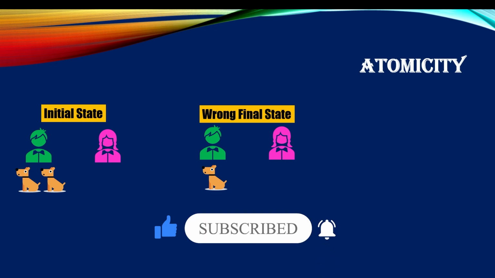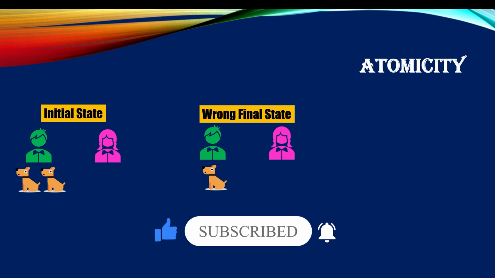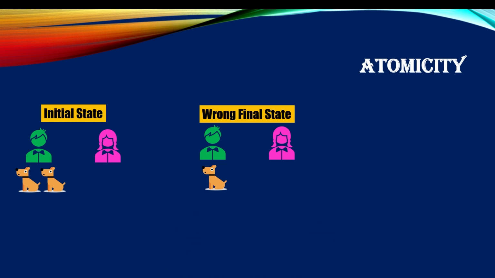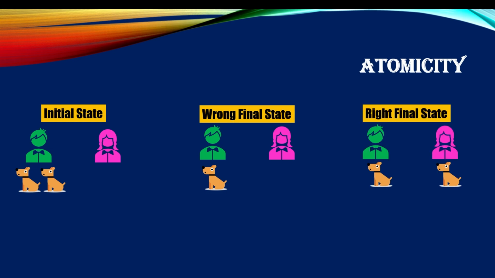In this case we will say this is not a complete atomic transaction, because only half of the things happened. The pet got deducted from Tom but didn't get added to Cherry, and hence this is the wrong final state. The right final state would have been that the pet is deducted from Tom and added to Cherry's account, and that would have been considered atomic.